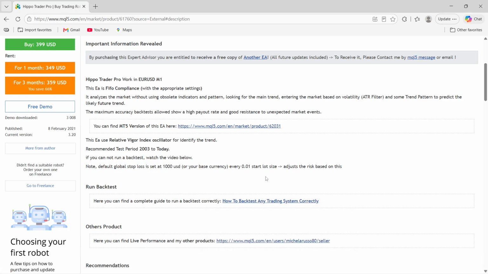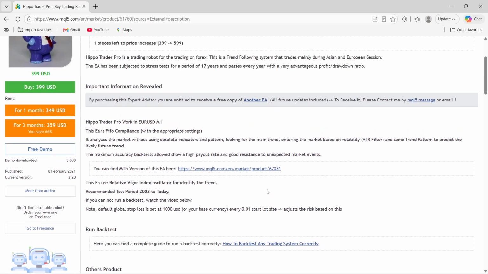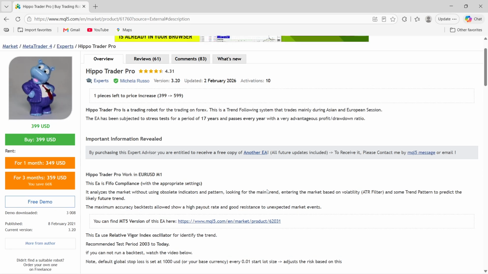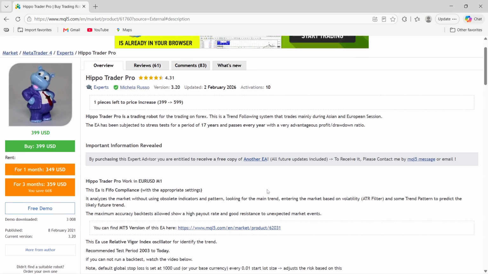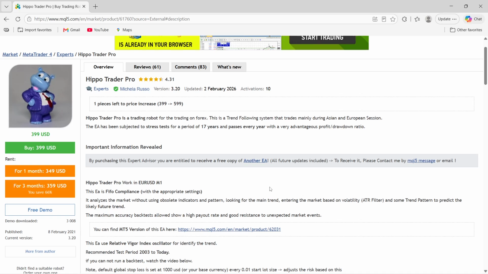Honestly, the features that matter most are the risk settings, using the recommended EURUSD M1, and thorough testing across different market regimes. The session focus and FIFO compliance are practical advantages for some traders. As for the nuances, M1 trading is sensitive to spreads, slippage, and broker execution quality.